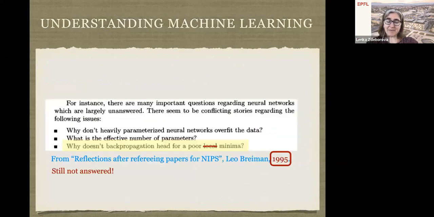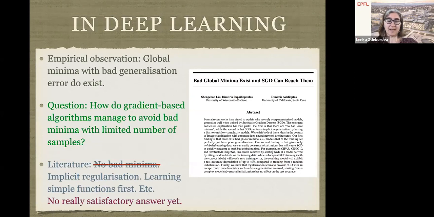And similarly about the third question here, why doesn't backpropagation head for poor local minima, simply poor local minima that do not generalize really well? That is also still a mystery in view of the empirical facts, that the neural networks that we are using are typically so over-parametrized that there are many global minima, really many, and some of them actually do generalize badly, and some of them generalize nicely.